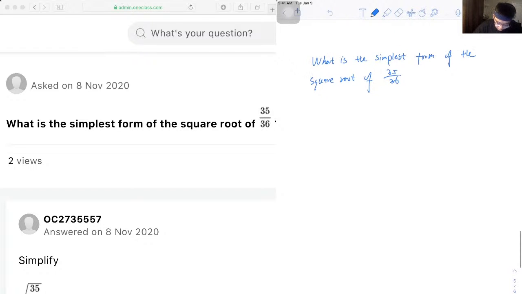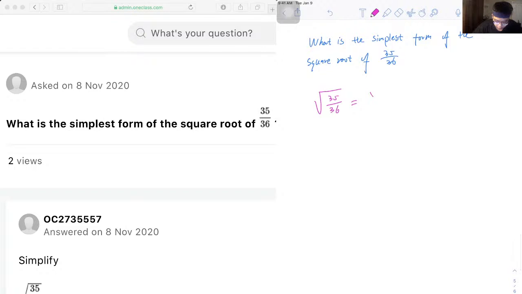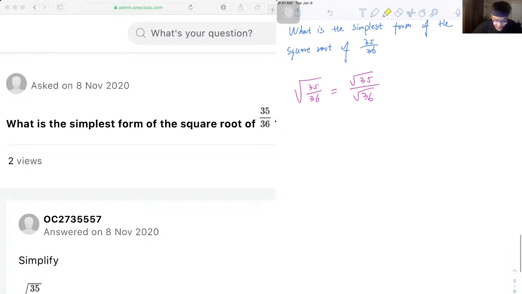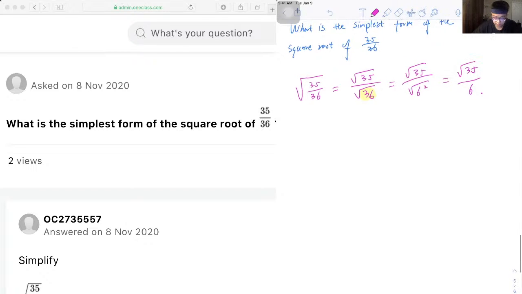So we just need to simplify the square root of 35 over 36, and this is going to be equal to root 35 over root 36. As you can see, 36 is a perfect square, so we can write it as 6 times 6, which is 6 squared, and that is equal to root 35 over 6, and that will be our final answer.